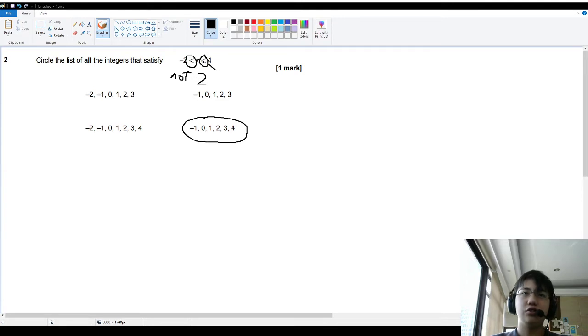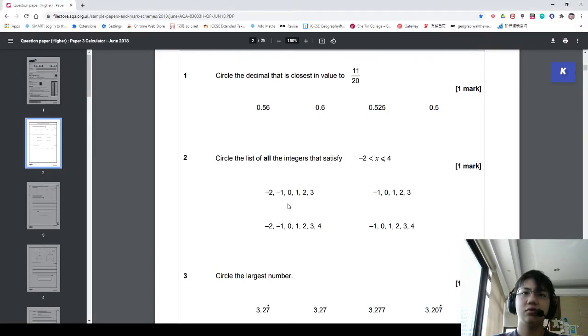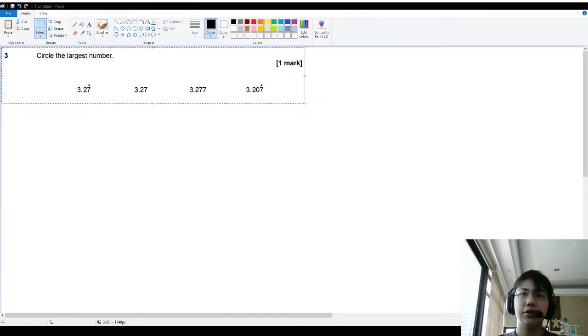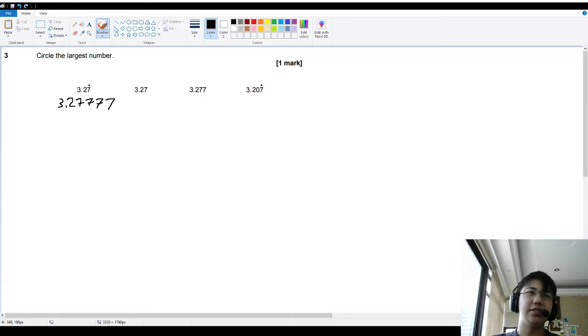Moving on to question 3, we need to circle the largest number. Now this one should actually be quite straightforward if you know your mathematical notation, as the dot above means recurring. So this number is basically 3.277777 all the way until the end of time.